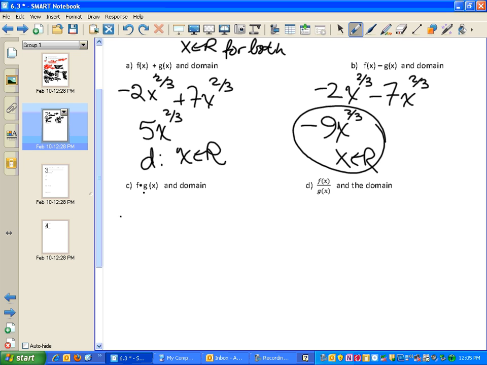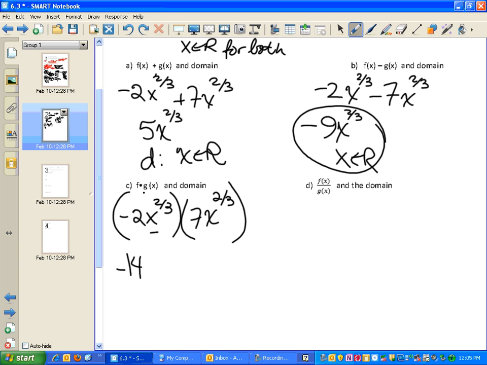Multiplying them. Negative 2x to the 2/3 times 7x to the 2/3. This is why we spent so much time on section 2. Am I foiling in this problem? I'm just pushing these answers together. Would you agree? So what is my coefficient going to be? Meg? Negative 14.